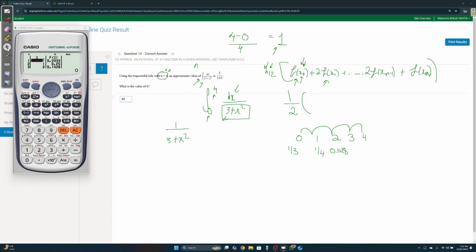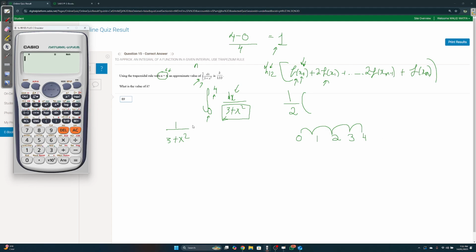Then 3 will be 0.0833. Then 4 will be, so we have a problem here. The calculator gives you decimals. So don't use the calculator like this. You actually have to do it one by one.